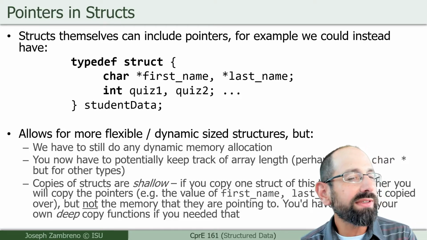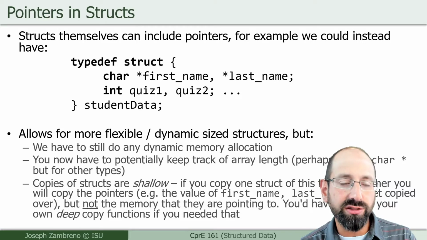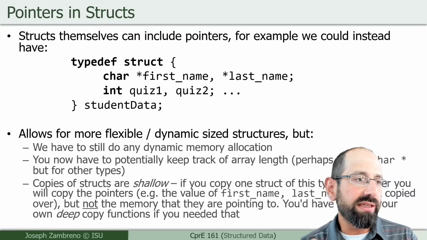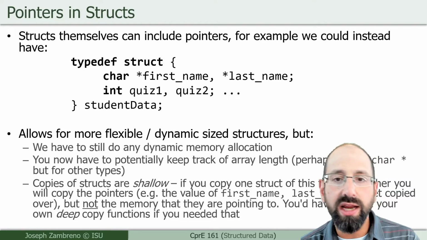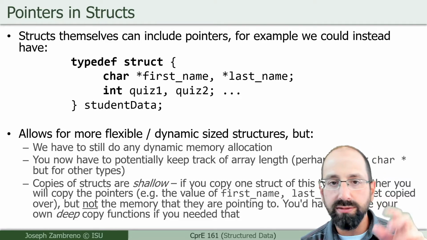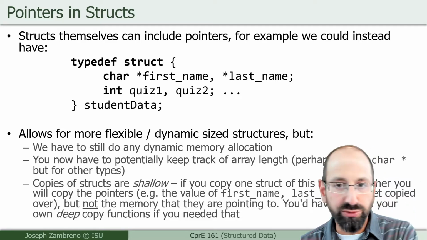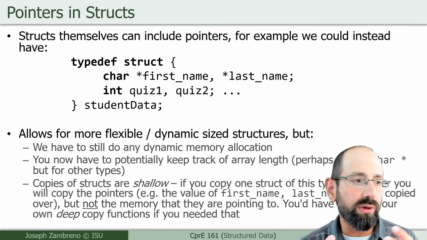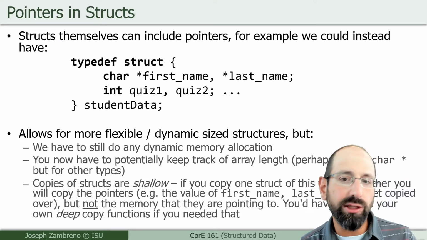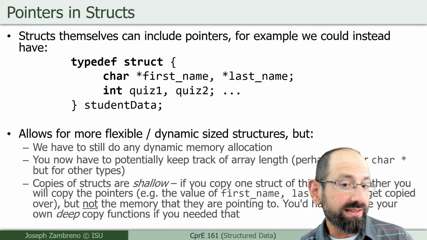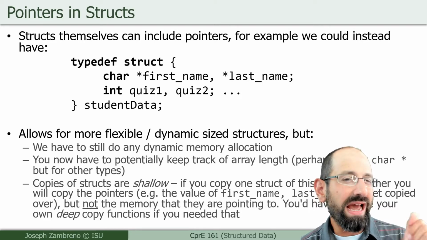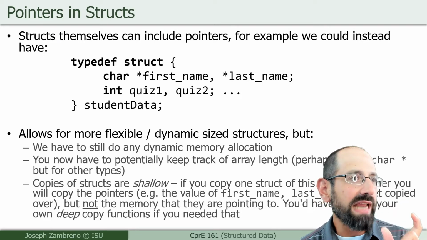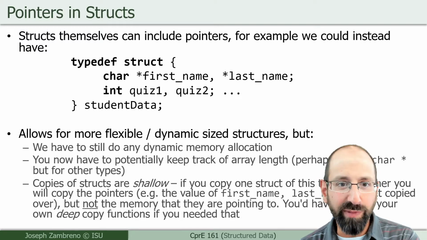But the slight downside of that resizing of the internals of the structure is when we do those copy operations, right? Temp student equals, or student data temp equals student one, like we saw in the sort example. That copy is a so-called shallow copy. We're copying all the elements of the structure, but now those elements would be pointers. They wouldn't actually be whatever is getting pointed to by those pointers.